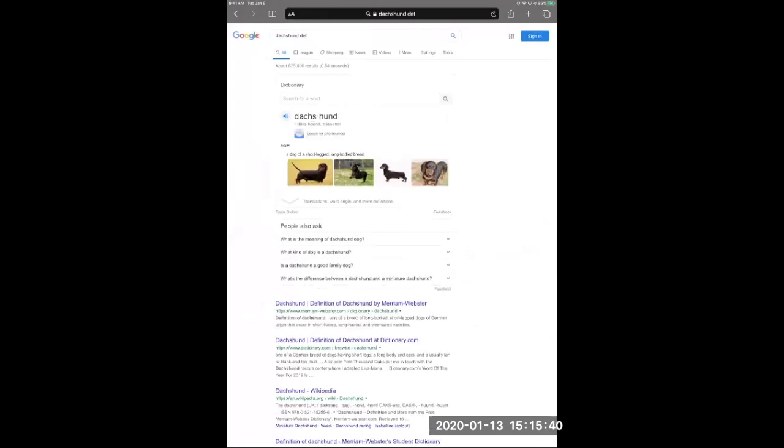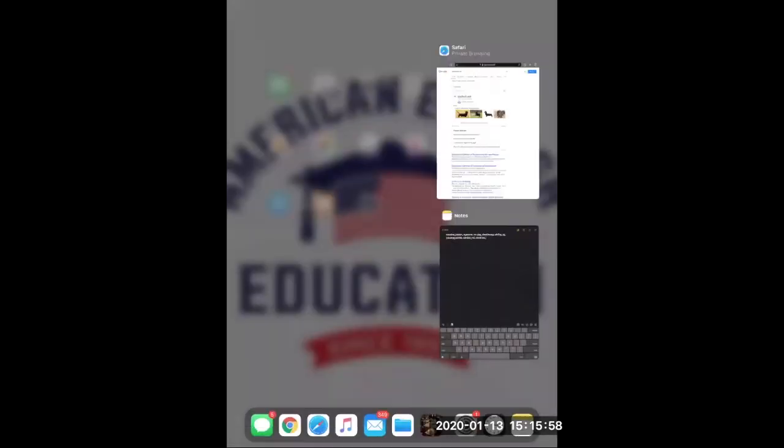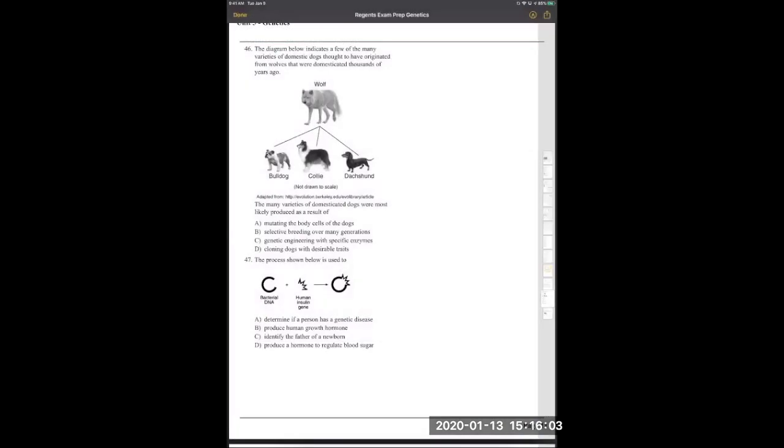Dachshund. Say it again. Dachshund. Ducks hunt. Let's do it again. Dachshund. It's like ducks in a row. Hund. Ducks hunt. Okay, now I know. Thank you, Google Dictionary. So anyway, now we have this bulldog, collie, and dachshund.